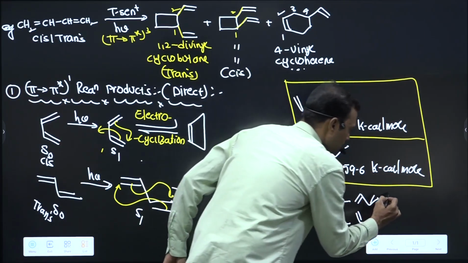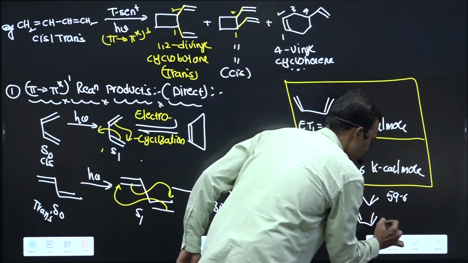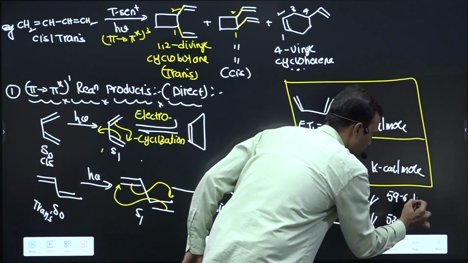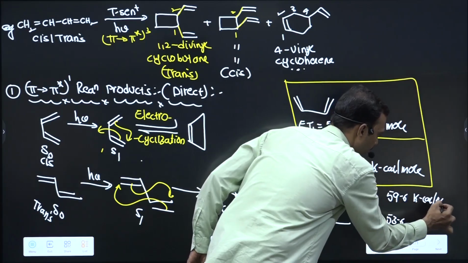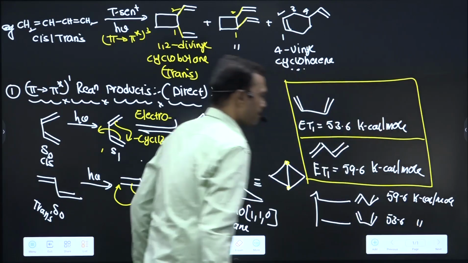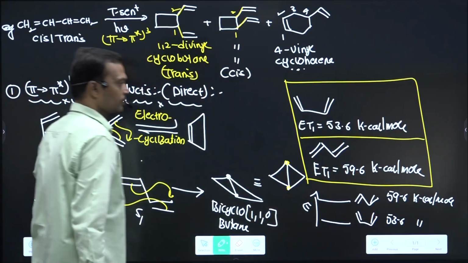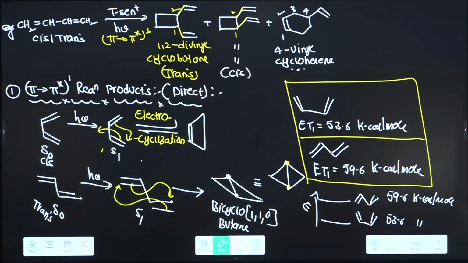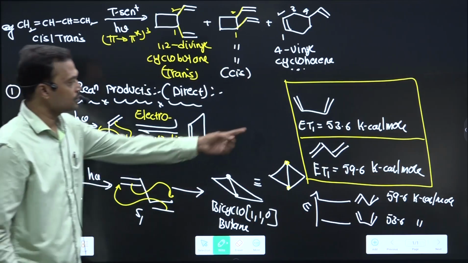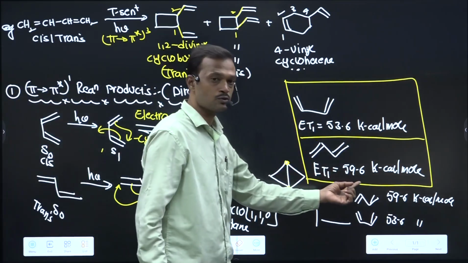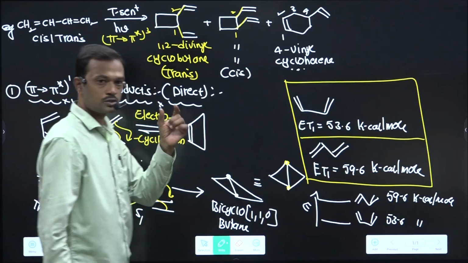The trans diene value is 59.6, and cis is 53.6 kilocalorie per mole. ET1 of trans is greater than ET1 of cis.